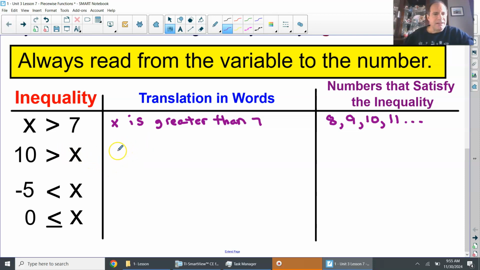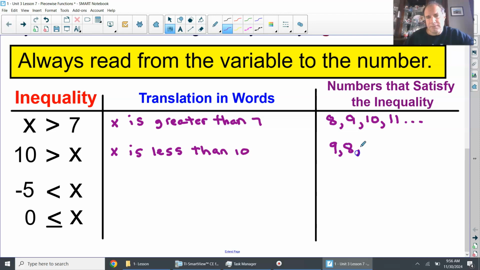X is less than, you're reading from the variable out to the number. X is less than 10. So the numbers that satisfy that inequality are less than 10: 9, 8, 7, 6, 5, and then dot, dot, dot.